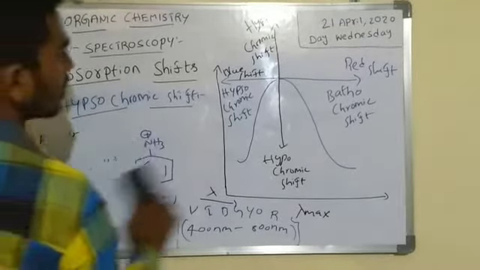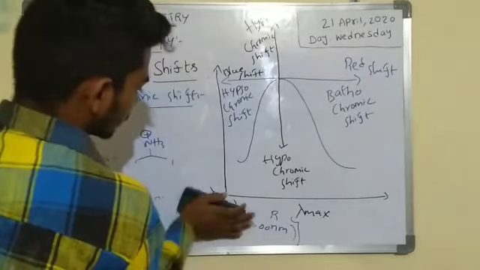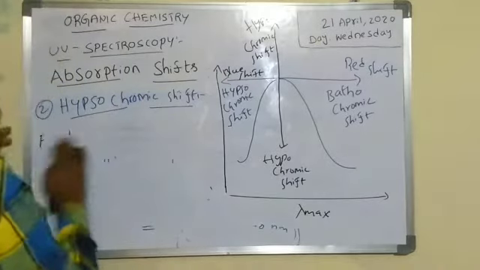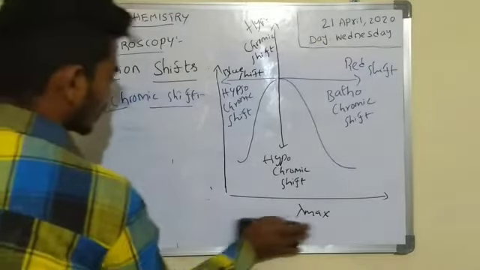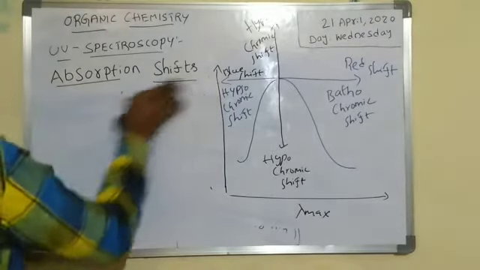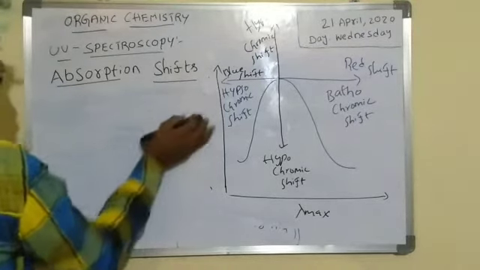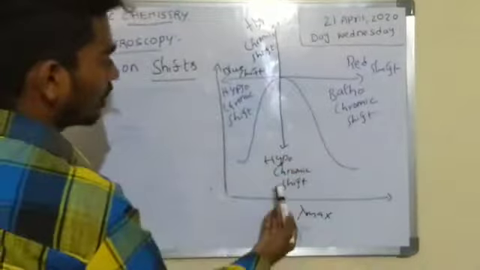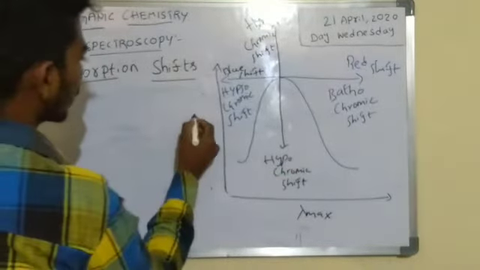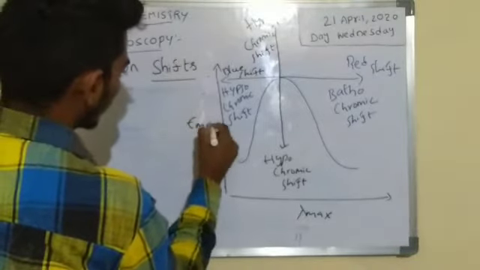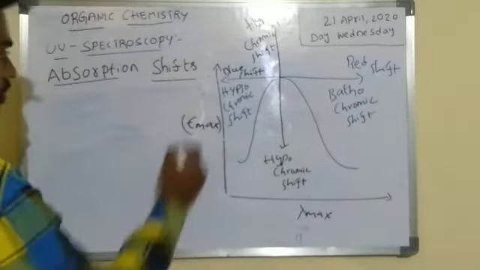that is hyperchromic shift. This hyperchromic shift and hypochromic shift are based on the intensity of absorption maximum.